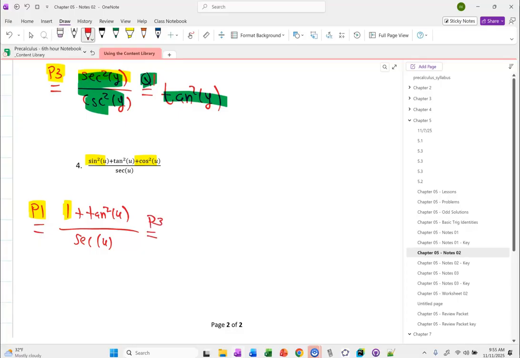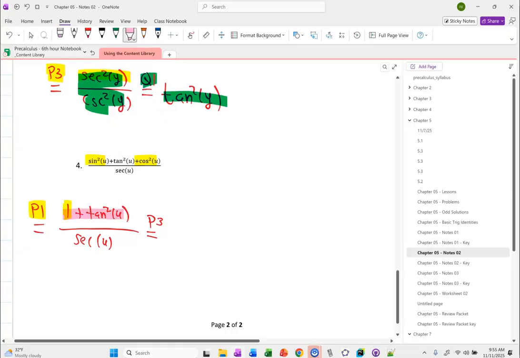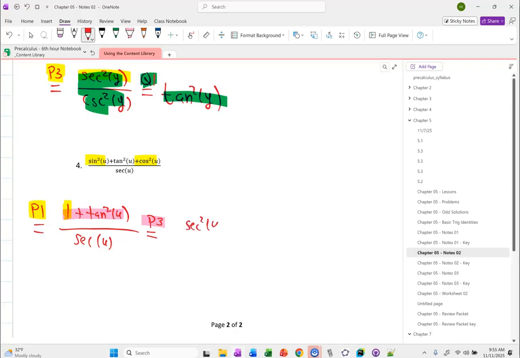That was supposed to be a 3. That looked more like a bracket.